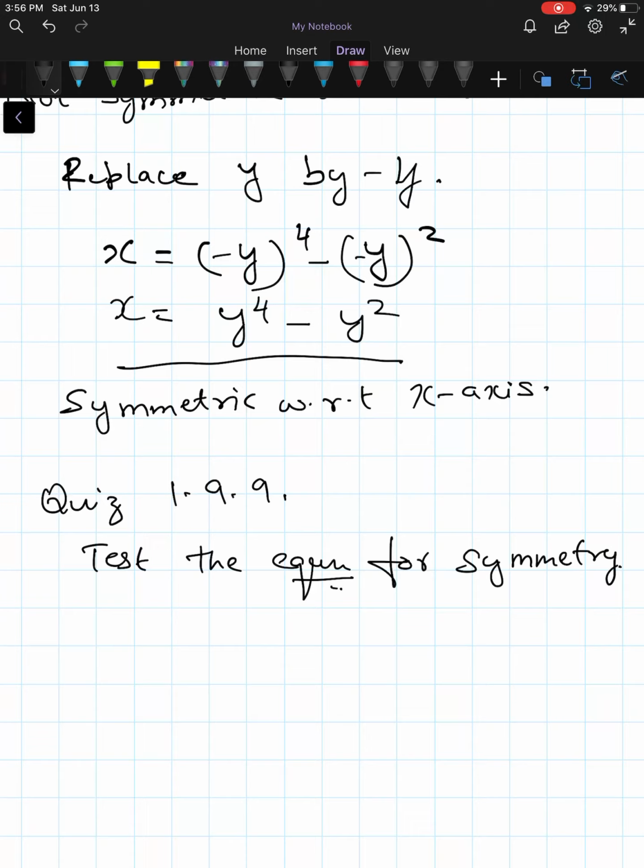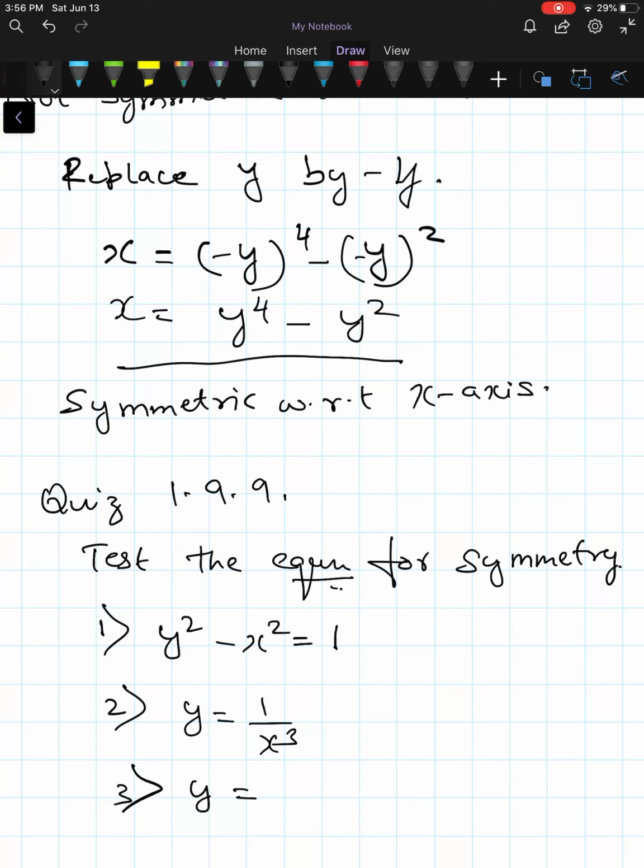First one: y square minus x square is equal to 1. Second: y is equal to 1 by x cube. Third: y is equal to x square plus the absolute value of x.